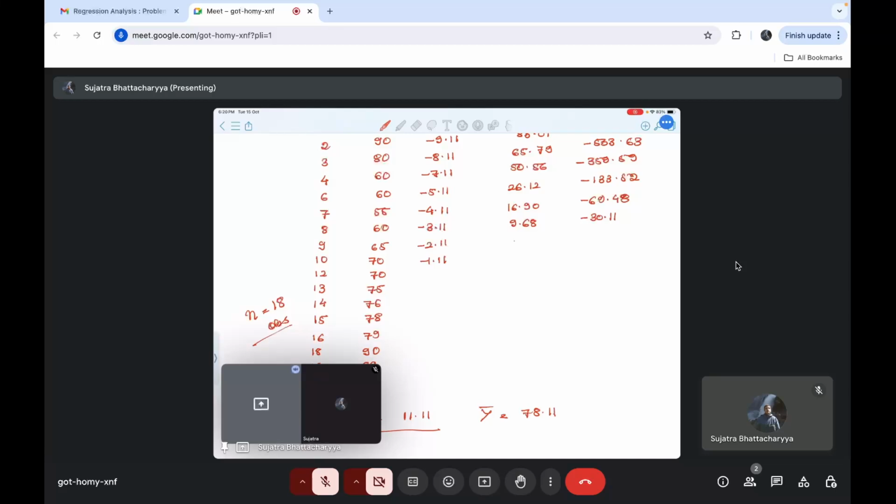This will be 4.46, 1.23, and here it will be minus 9.4, minus 1.35. Further, you go, it will be 0.89. Just fill it up.